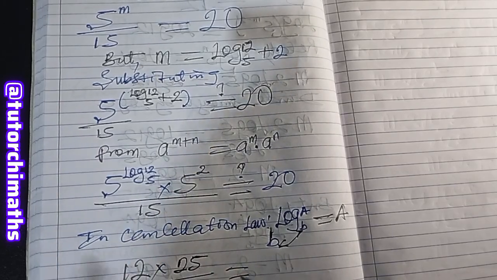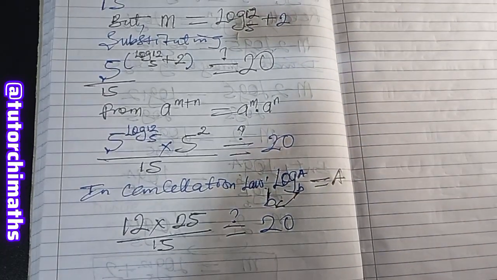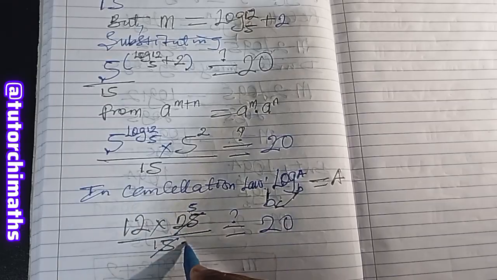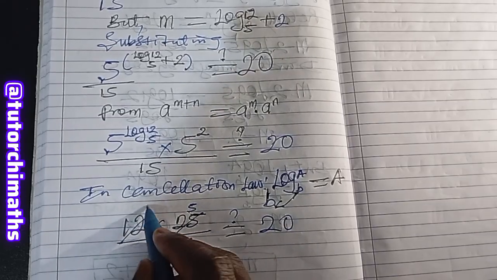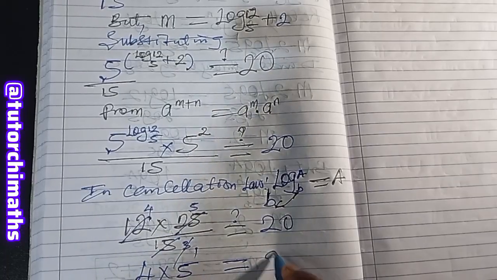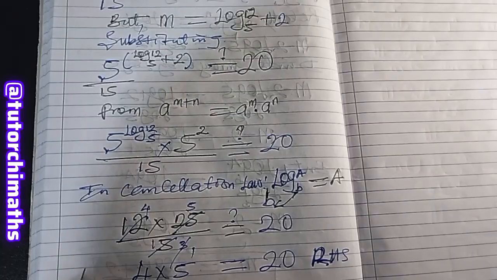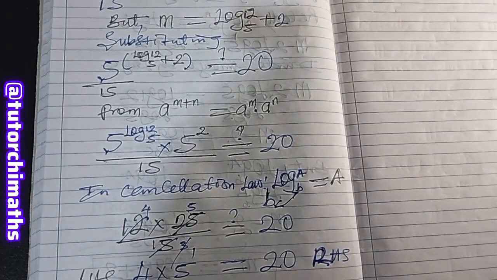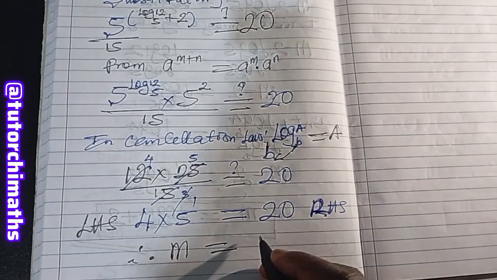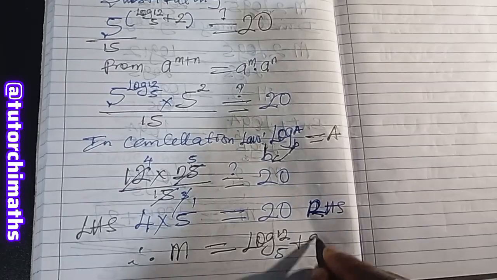Will it give us 20? Okay, so you notice that 5 can go here, 5 can go here. So we have 5 here, we have 3. 3 can go into 3, 3 can go into 12, giving 4. So you notice 4 multiplied by 5 is equal to 20, right hand side, and this is the left hand side. Therefore, m is equal to log 12 base 5 plus 2.